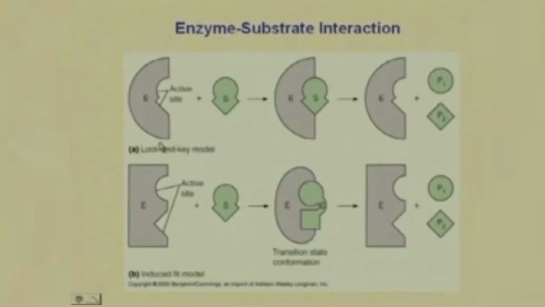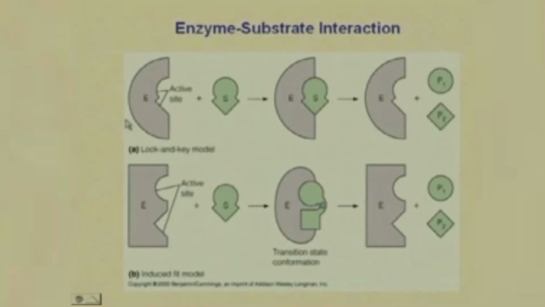So this is what we mean by a lock and key model. This is our active site where we have our enzyme, and this is our substrate. So what is happening? This is our key that fits exactly into the cleft of the active site. Okay, so it fits exactly in here, and then you have your product formation. Say this could be analogous to that sucrose where we have our glucose and fructose.